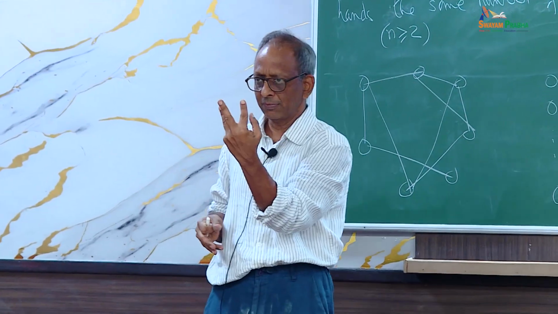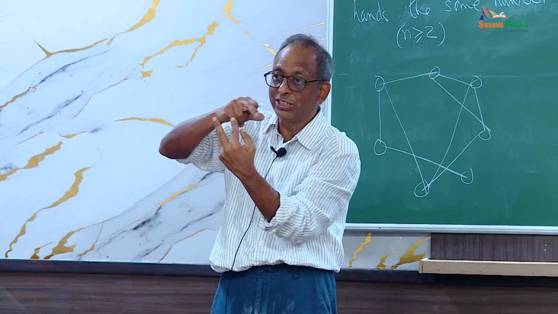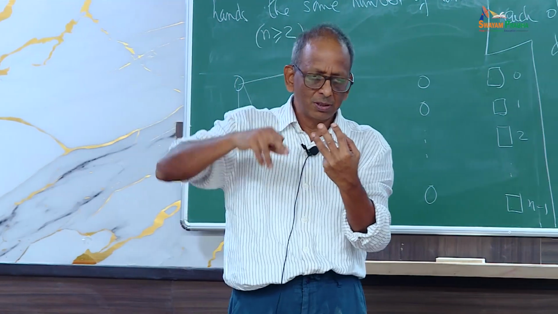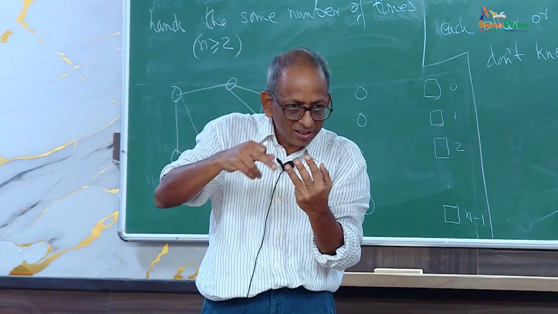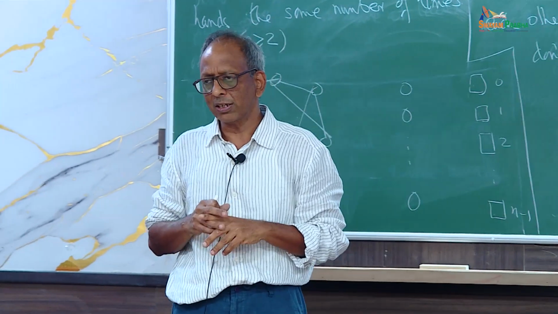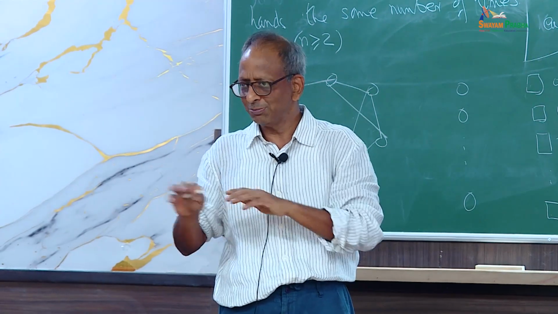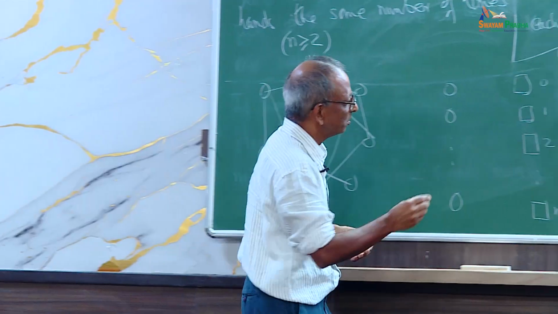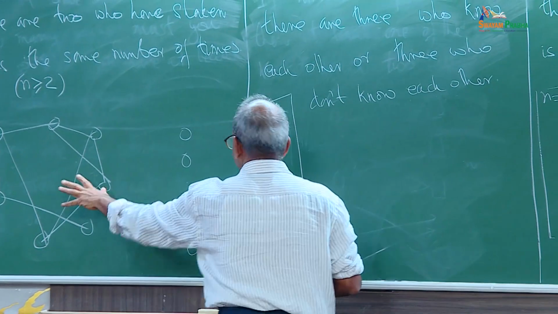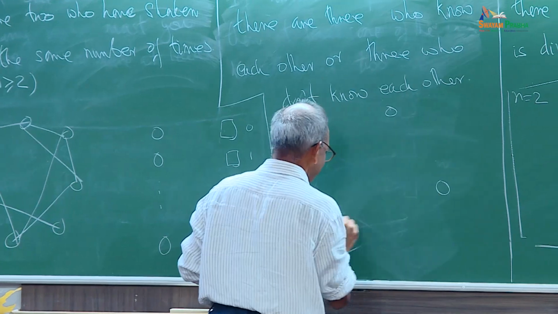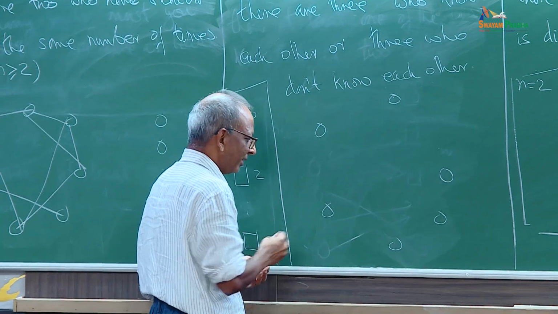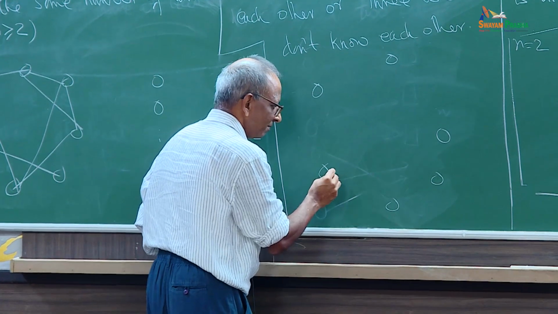Now, in these 6, I want 3 that either mutually know each other, that means every pair of them were acquainted from before, or every pair of them were not acquainted. Since you like this, I draw 6 points and a straight edge.